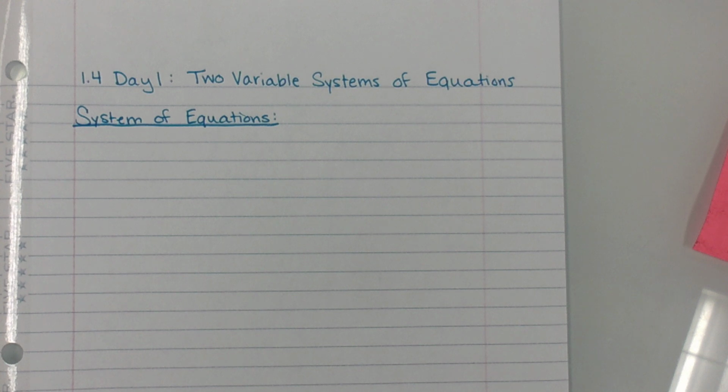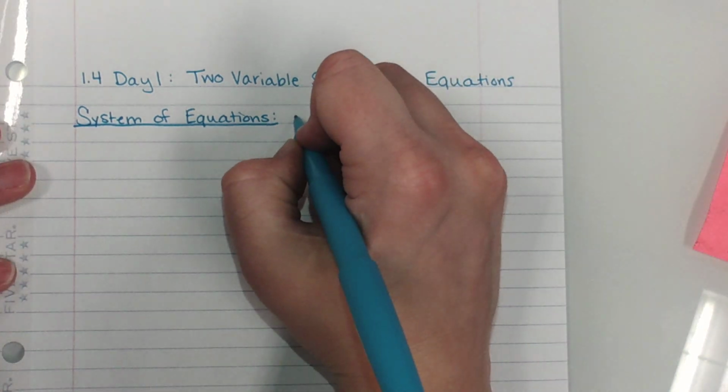Systems of equations, same idea. I can have an equation or I can have a system of equations. A system of equations is when you have 2 or more.